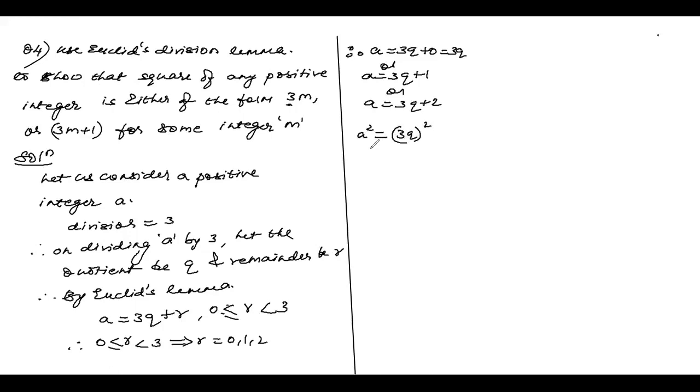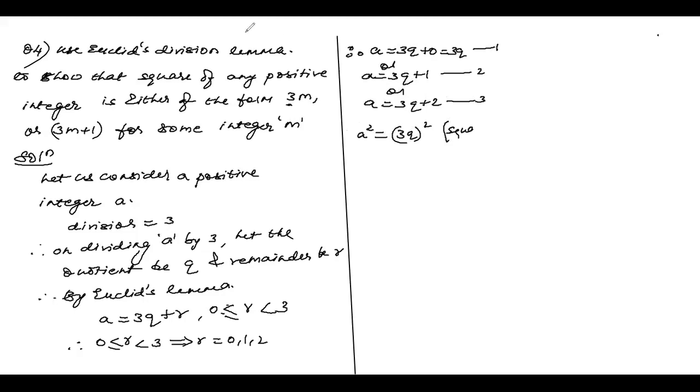I call them 1, 2 and 3. Now, a is equal to 3q, so I want the square of it, squaring both sides.